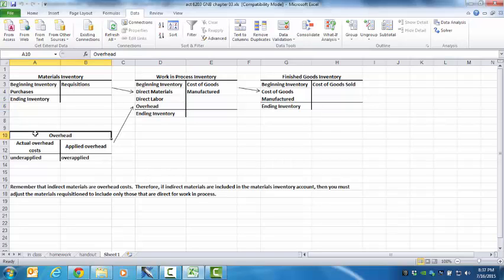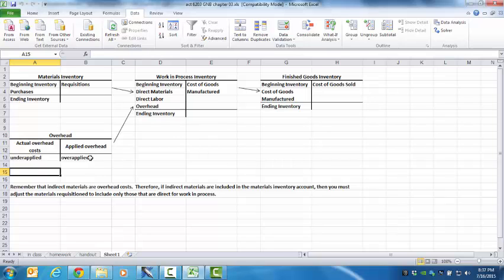Using a T account for it as well. And as the actual overhead costs are incurred, whether it's some indirect labor, indirect materials, maybe it's the electricity, the rent, the insurance, what have you, I'm going to incur them and call them inputs. So I'm going to track them on the left as actual costs. And I'm going to take out of this my output, which we call applied overhead, which is our best estimate to what it's going to cost.